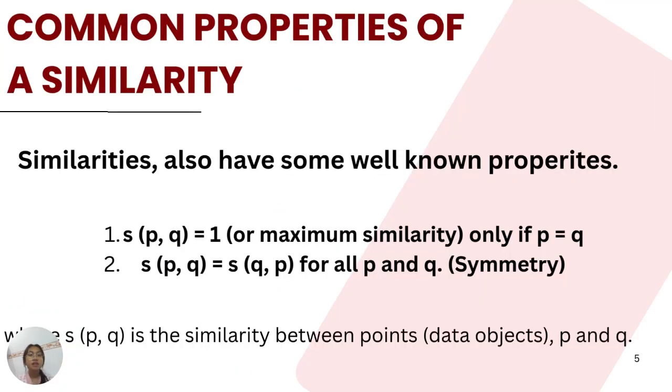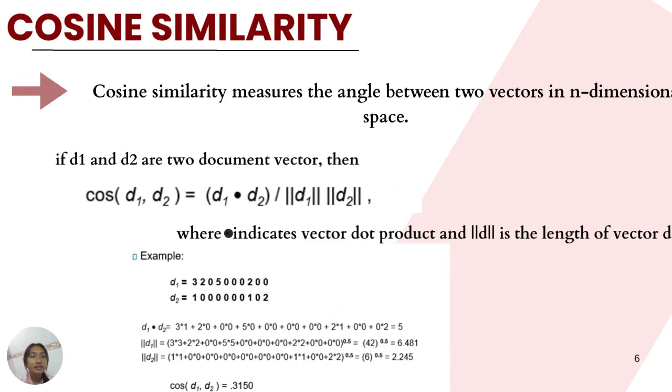Common properties of similarity. Similarities also have some well-known properties, like maximum similarity only if P equals Q, and symmetry, which means the similarity from P to Q is the same as from Q to P, which makes sense when similarity is a measure of how alike two objects are. And next is cosine similarity.